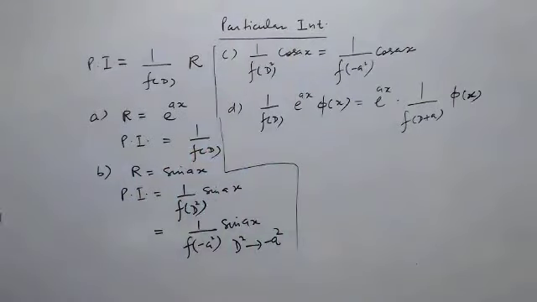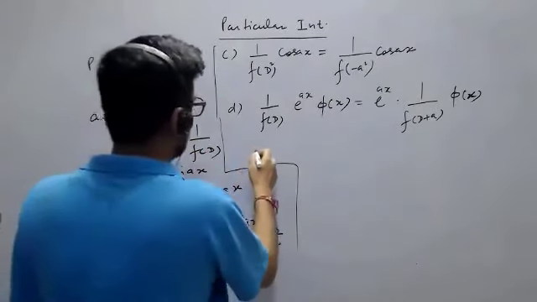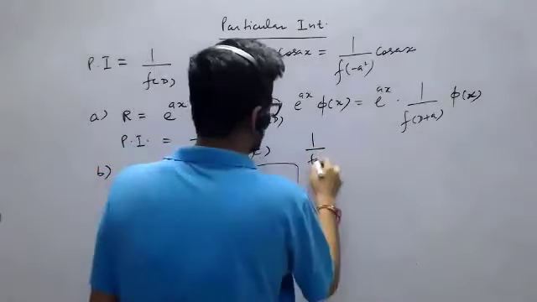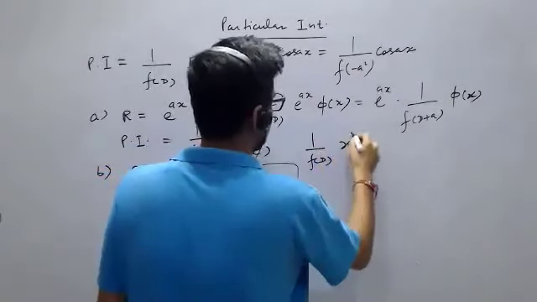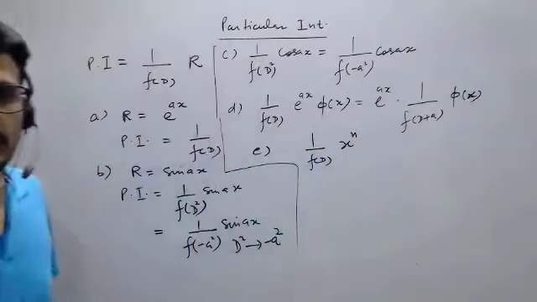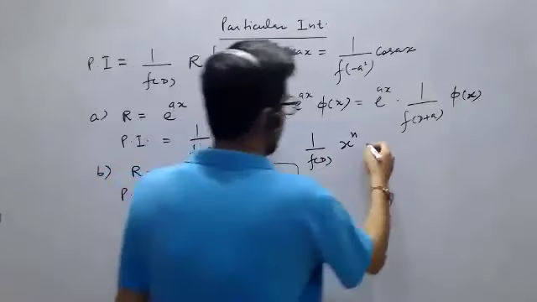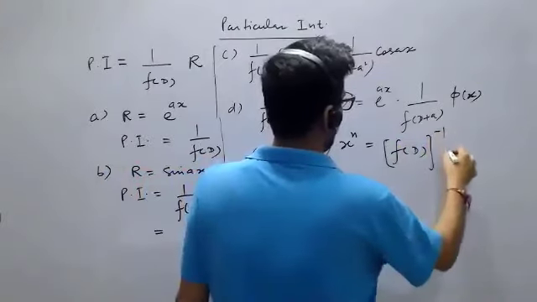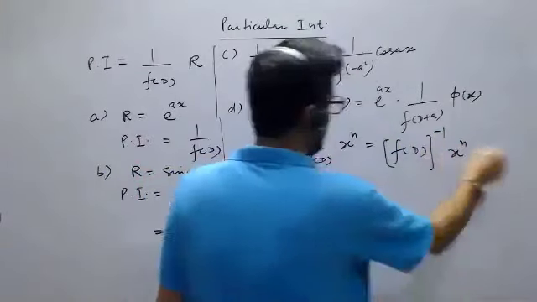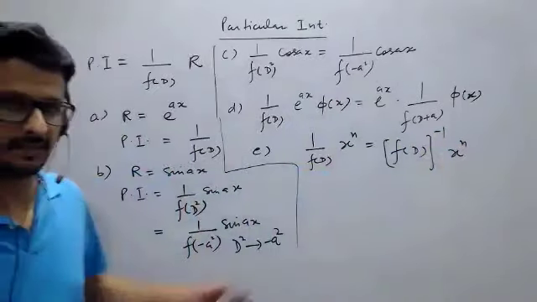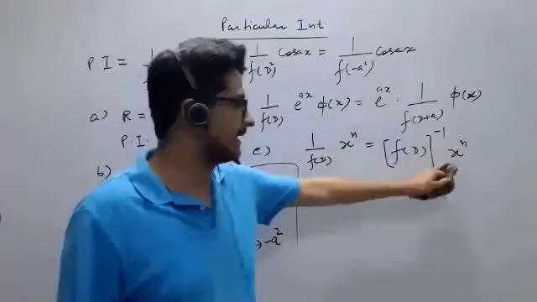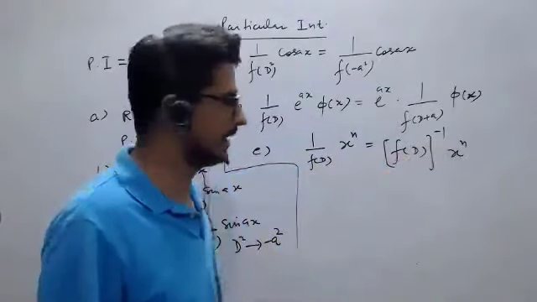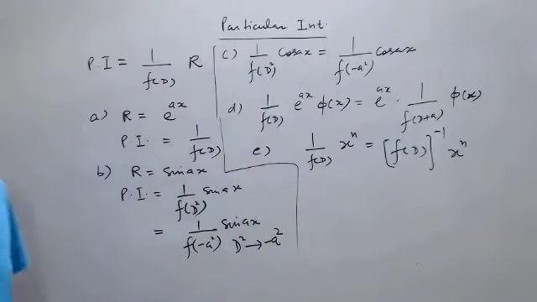Look at it carefully once, and tell me if you have any doubt. Then we have another case, E, where suppose the function f(D) is there and on this side you have some polynomial. So simply, you will take f of D inverse and x to the power n, open it using a series, binomial, etc., and then operate it on it. So open this series, f(D) inverse series, and operate it.